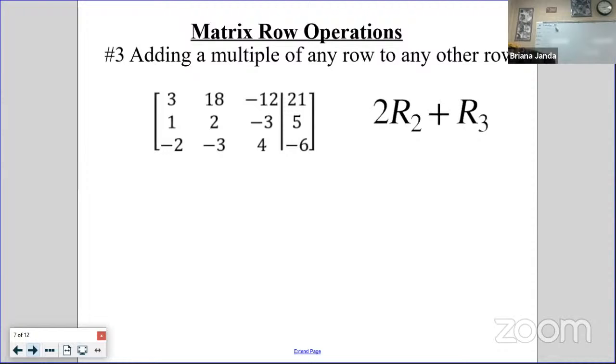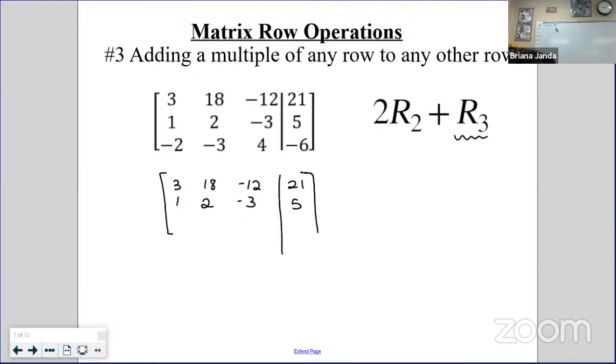We are adding it to row 3, which means row 3 is ultimately going to be the one that changes because we're adding 2 times row 2 to that. So the two rows that are not changing would be 1 and 2. And row 3 is going to change. It's going to be what was there, 2 times row 2 plus what was in row 3.